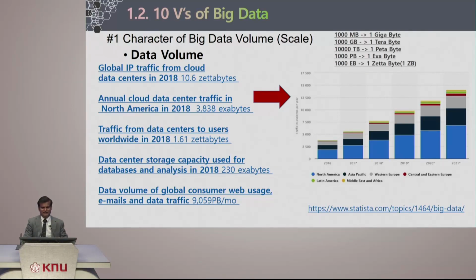The first V we already talked about is volume, and here is a simple example. Global IP traffic from cloud data centers in 2018 is around 10.6 zettabytes, and annual cloud data center traffic is just 3,838 exabytes, and that's only for North America.